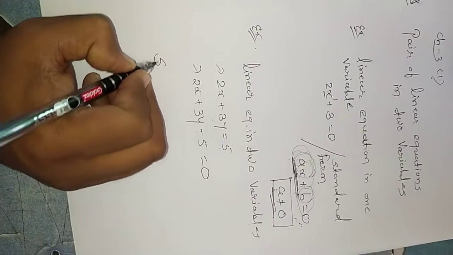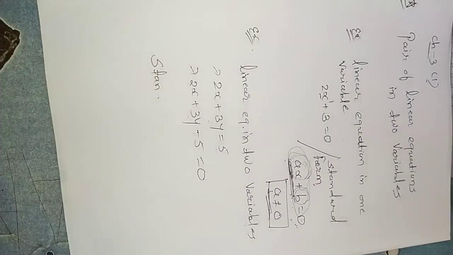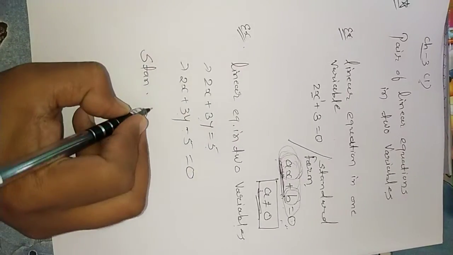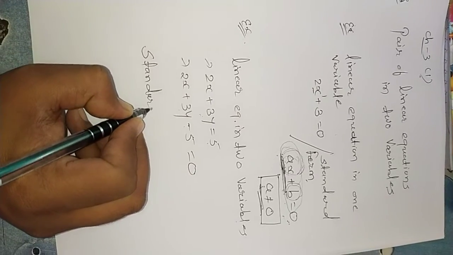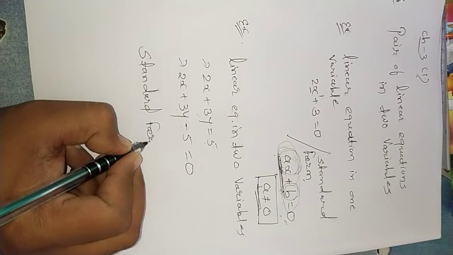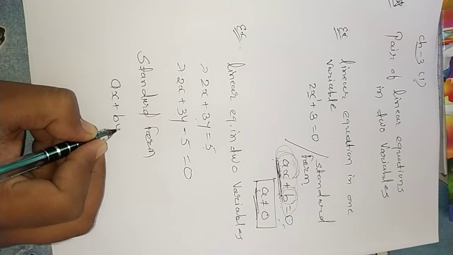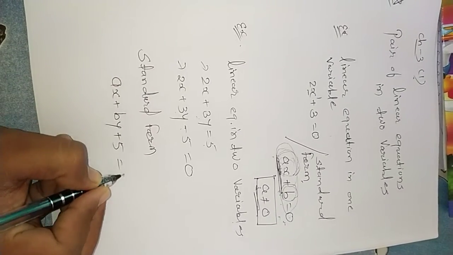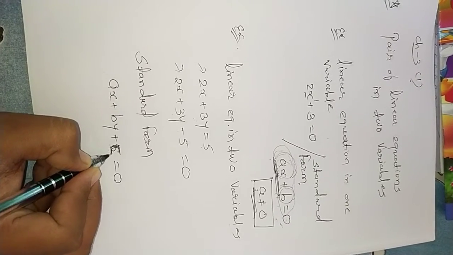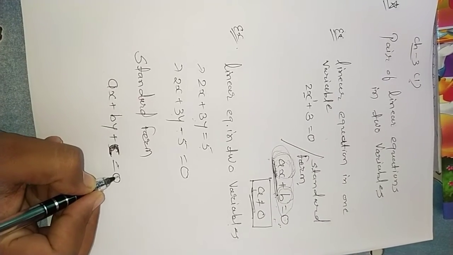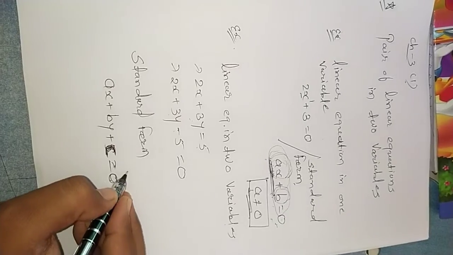And what is the standard form of linear equation in two variables? The standard form is ax plus by plus c is equal to 0. And what is the necessary condition for this standard form?